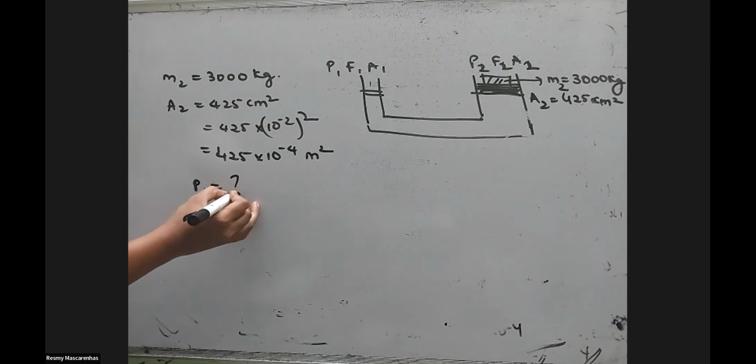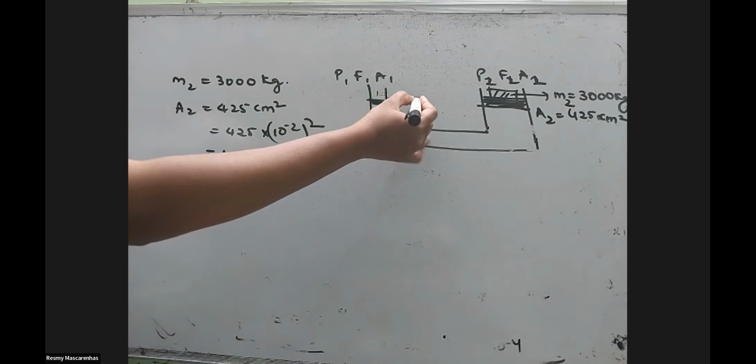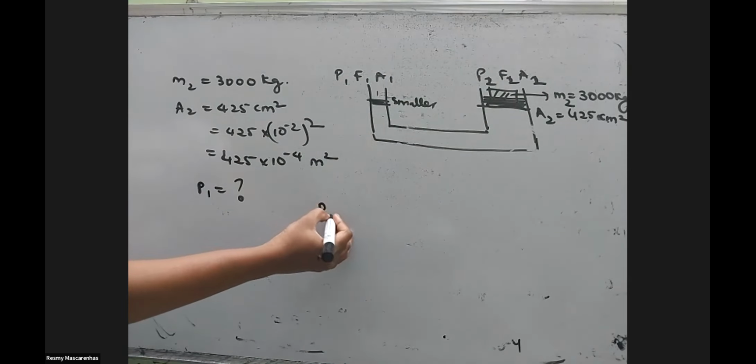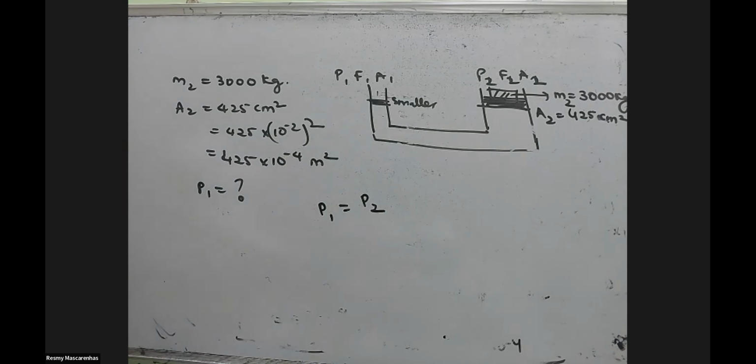Pressure on piston 1 has been asked. The smaller piston is always on this side, and this side is always the bigger side. So we have to calculate the pressure on piston 1. As per Pascal's law, we know that P1 equals P2. So here we have to calculate P1.